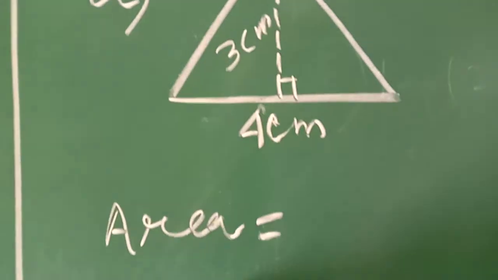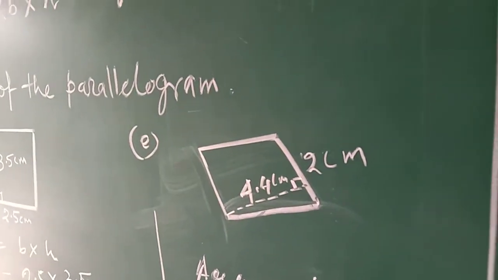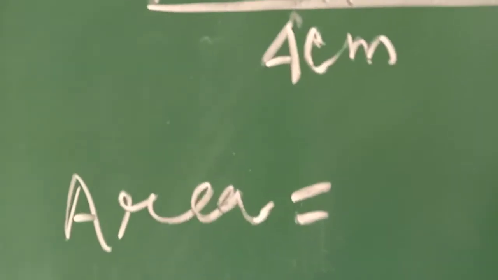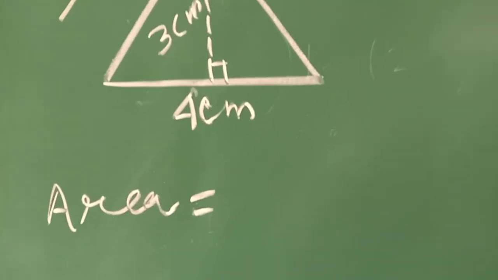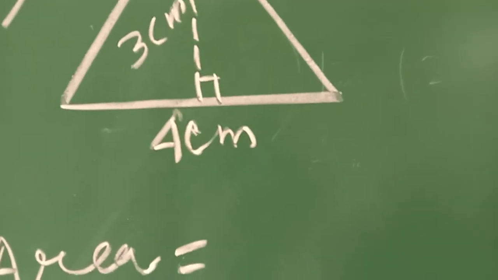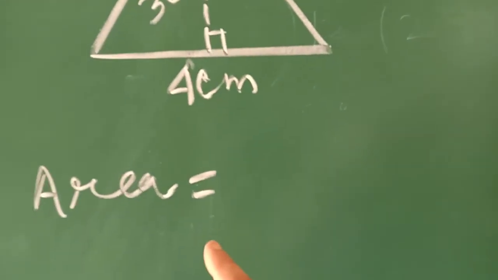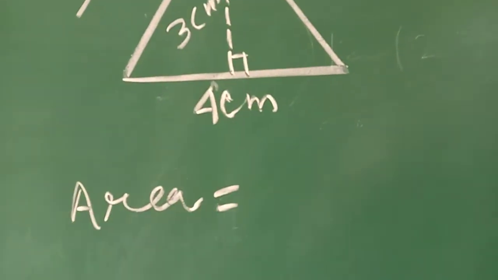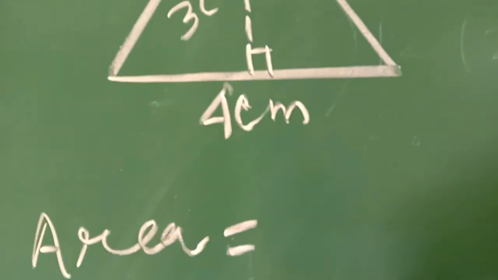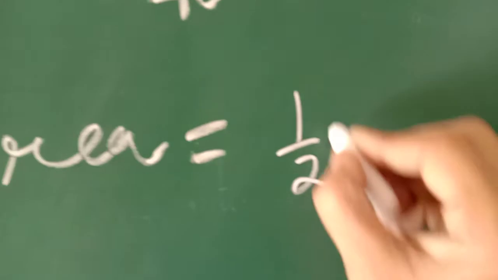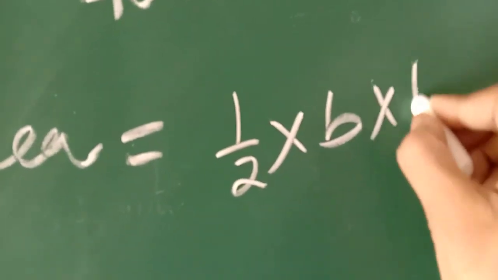when the figure is given, I am not writing area of the triangle. When the figure was given before, I also did not write parallelogram, because the drawing is there and we are working under that geometrical figure, so I am not writing. If you want to write, it will be much better. Now area of a triangle is half into base into height.